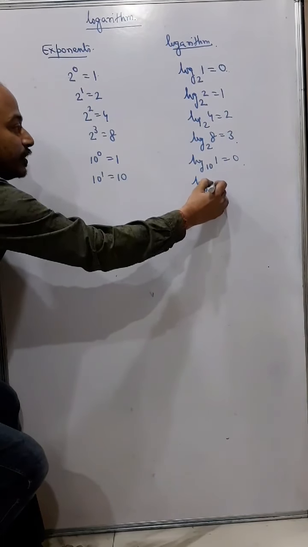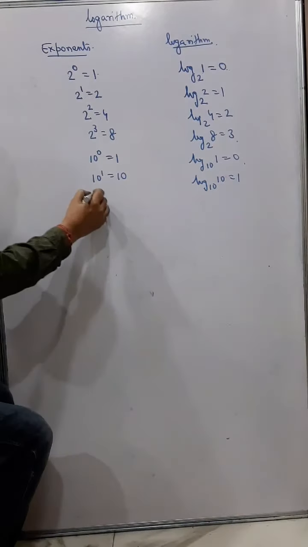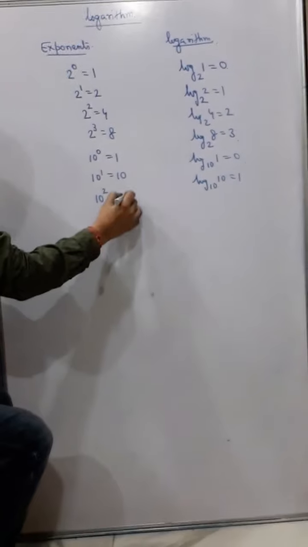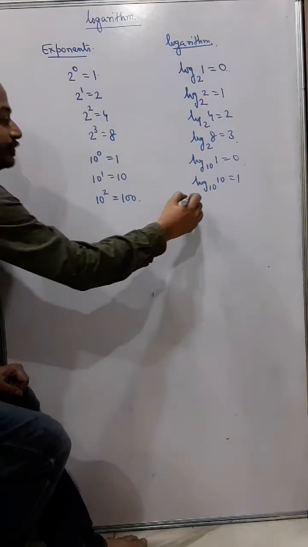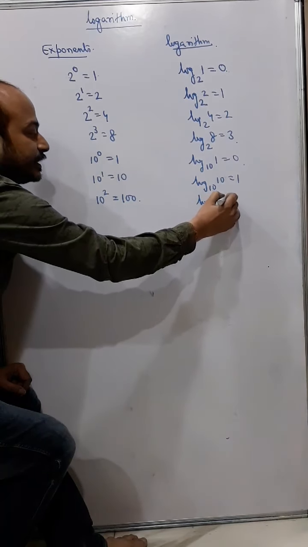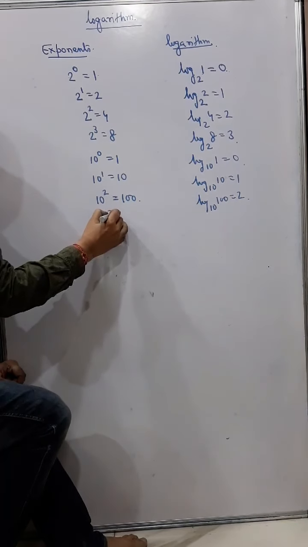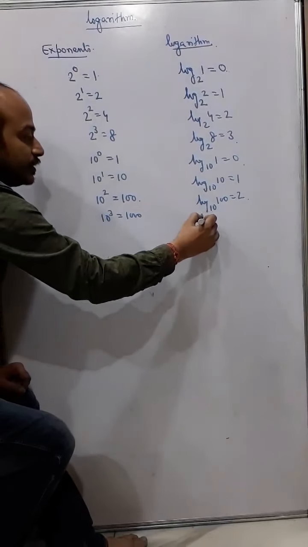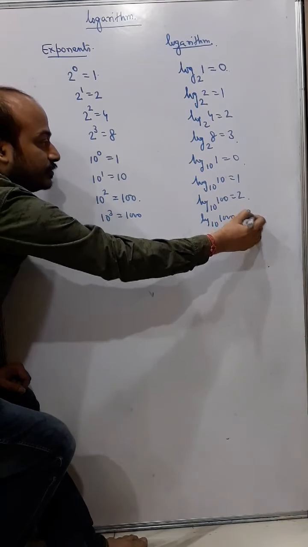We will write log 10 10 equals to 1. 10 square equals to 100. So log base 10 100 equals to 2. Similarly 10 cube is equal to 1000. Log base 10 1000 is equal to 3.